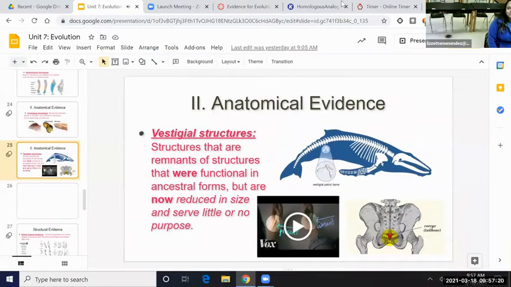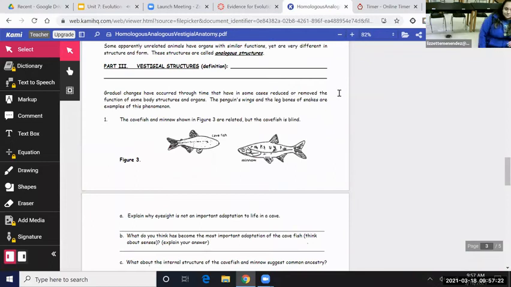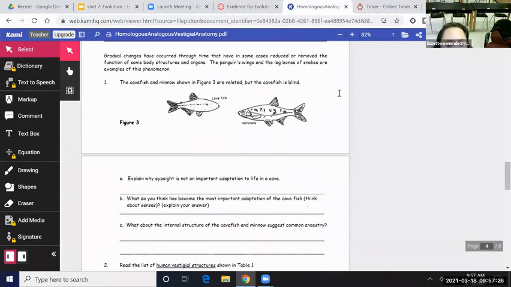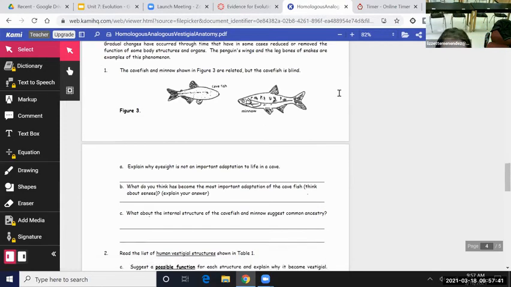So for how to do this on here, I'm going to give you about 10 minutes. But number one has you looking at cavefish and minnow. So we have the cavefish and the minnow, and they're related, but the cavefish is blind. Okay, cavefish has no eyes, can't see, completely blind.